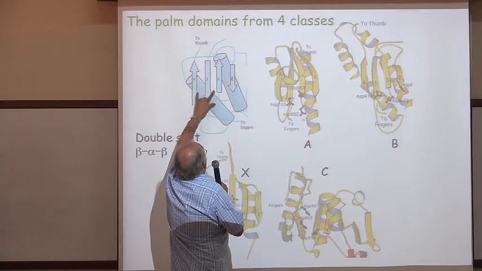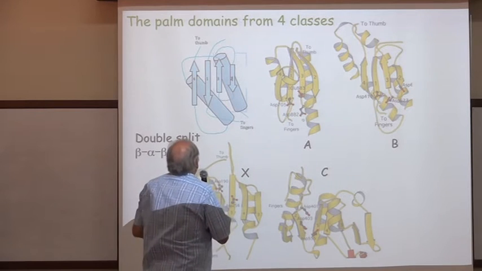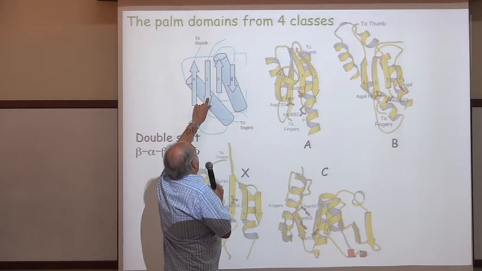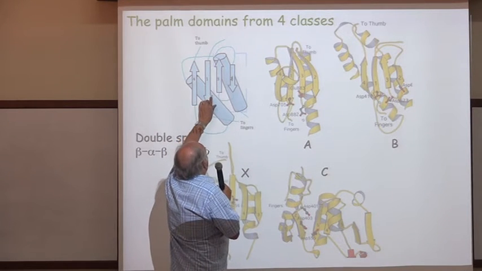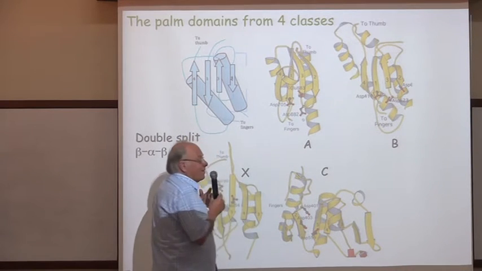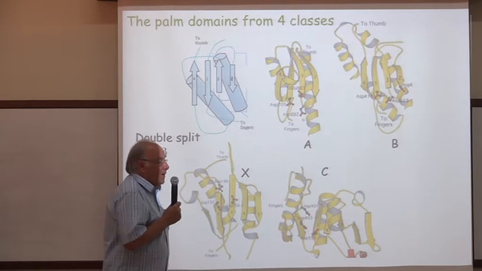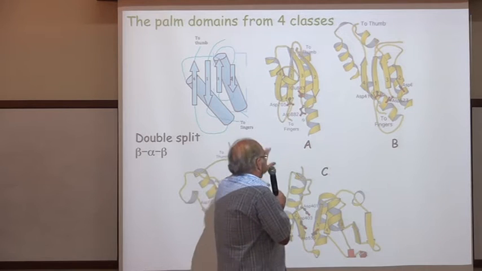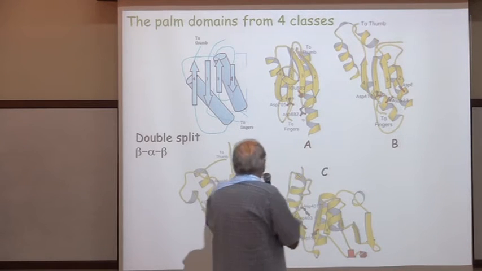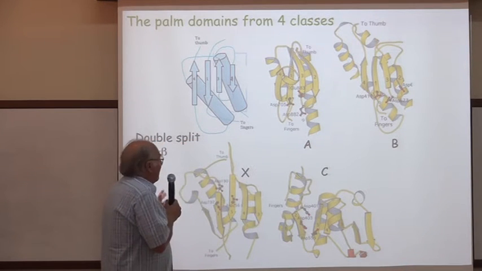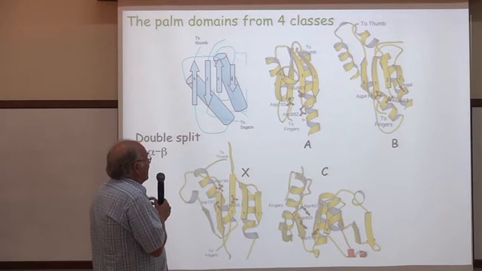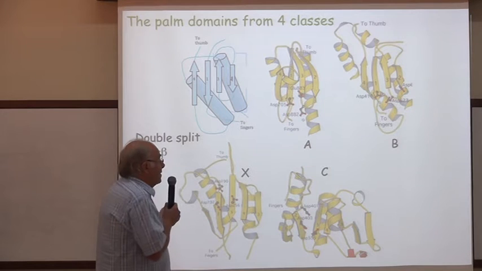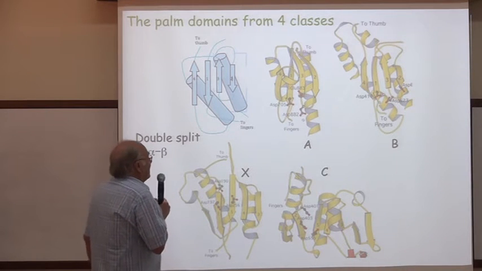So number 3 and 4 are also parallel. So this is called a double split, because 3 and 4 are split by number 1, and 1 and 2 are split by number 3. So it's so-called a double split type structure. And here you see the classes A, B, C, and X. And if you align them in this way, you can see that they are quite similar, even though they have different sequences and different details.